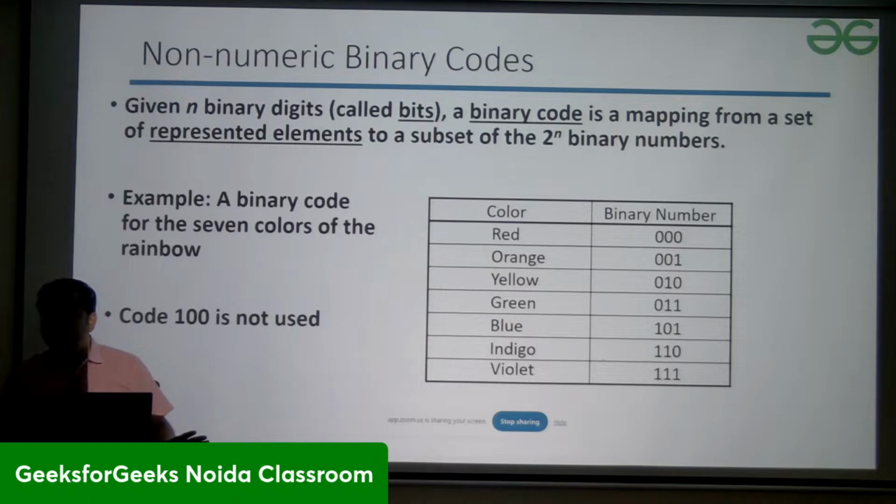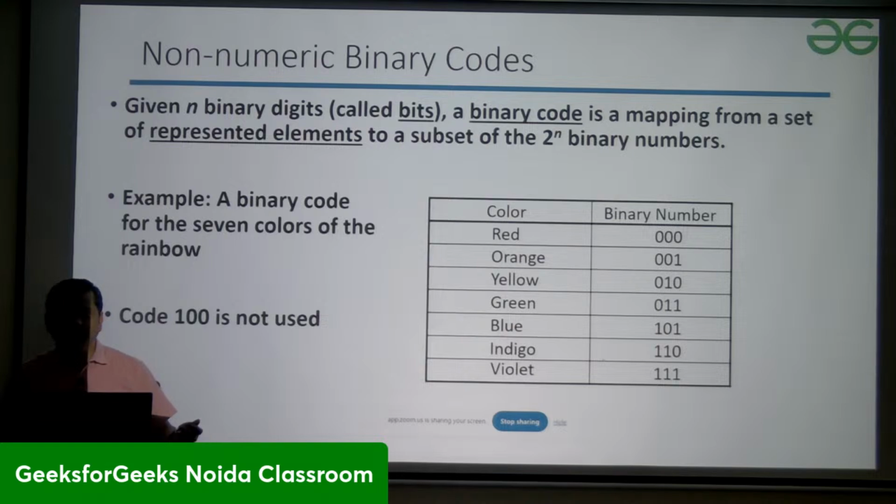Why not? The possible range is only 2 to the power 2, from 0 to 3, so 0, 1, 2, 3. Four pieces of information can be represented by 2 bits only, 8 by 3 bits, 16 by 4 bits, and so on.